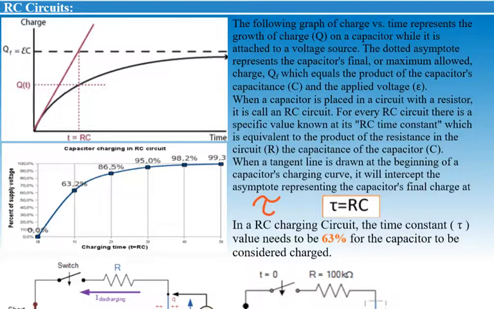You can calculate it by R times the capacitance C. So in an RC charging circuit, the time constant tau needs only 63% of the maximum charge for the capacitor to be considered charged. Or the current through the capacitor almost drops to zero before it disappears completely.